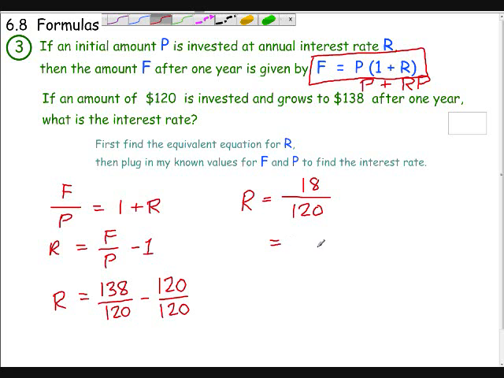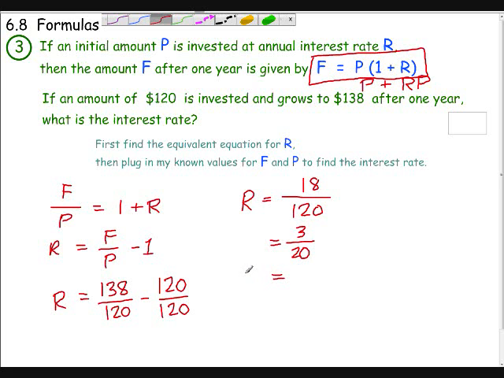Can I simplify that a little bit? Well, yes, because won't 6 go into these evenly? The 6 will go into that 3 times, and 6 will go into this 20 times.